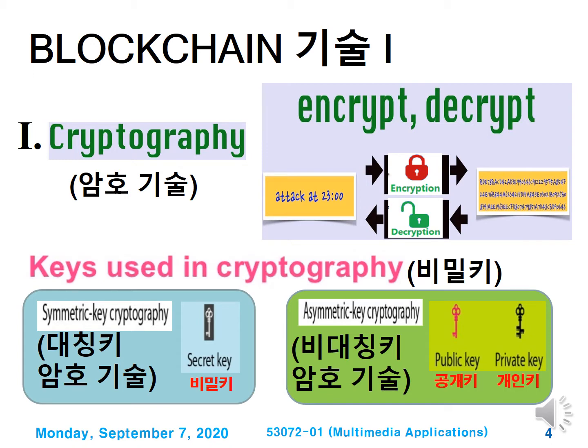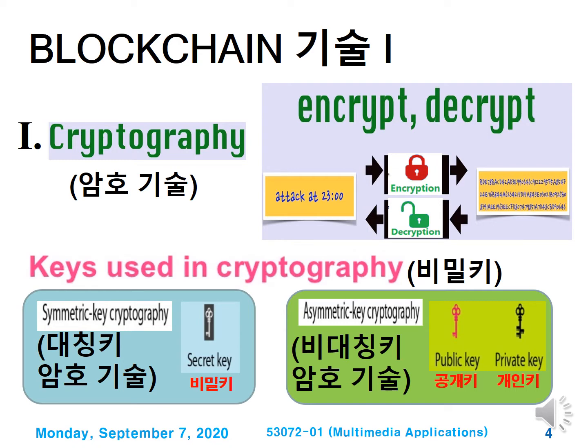In this encrypt-decrypt process, there are two types of keys used in cryptography. There is a secret key. One is a symmetrical key. The other is an asymmetrical key.